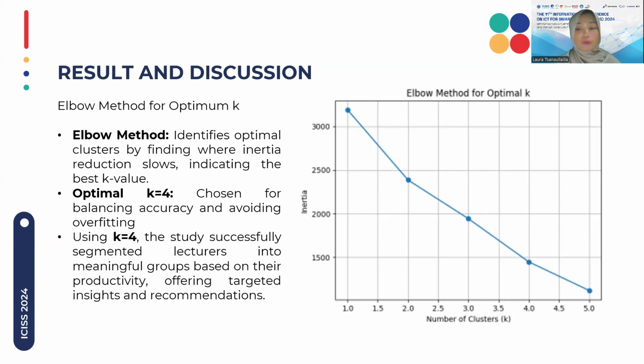We present the use of the elbow method for determining the optimal number of clusters K. The elbow method identifies where the reduction in inertia slows down, indicating the best K value. K equals 4 was chosen for balancing accuracy and avoiding overfitting. The study successfully segmented lecturers into meaningful groups based on their productivity.